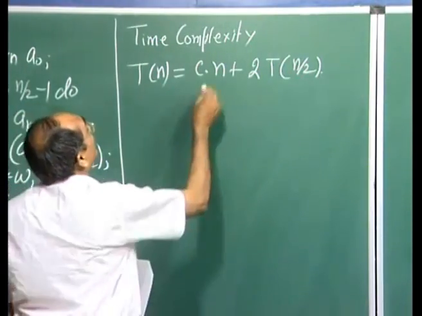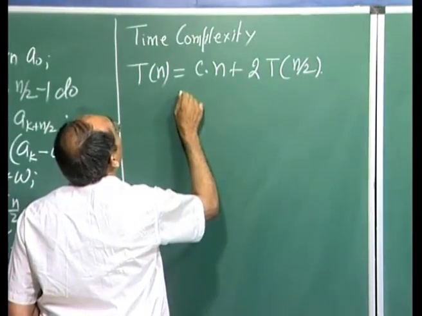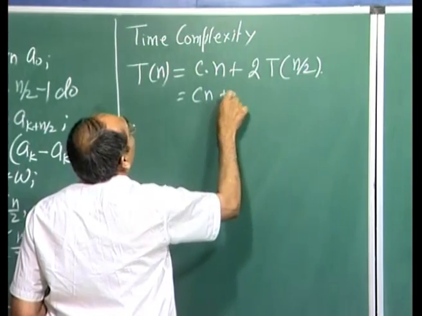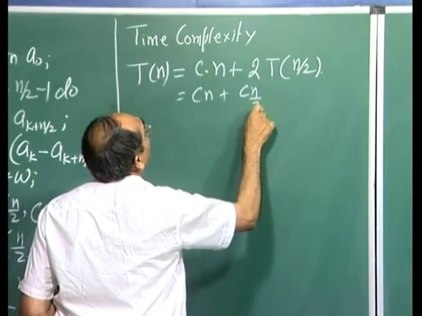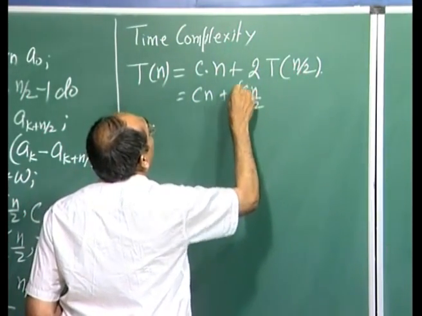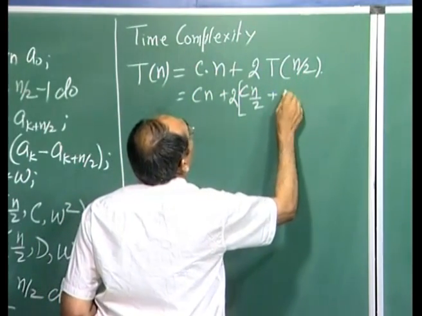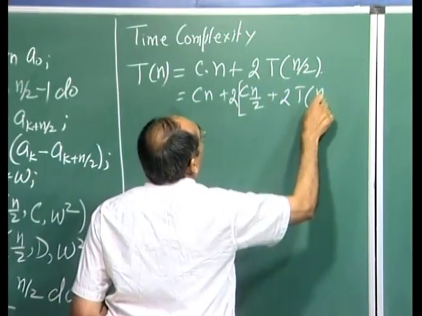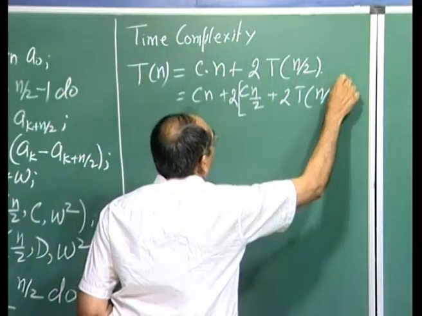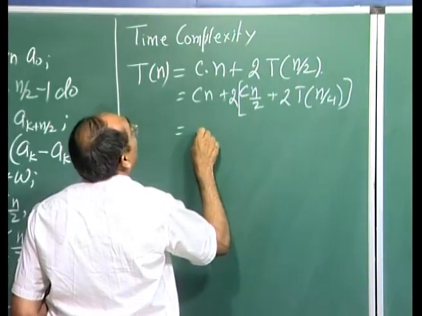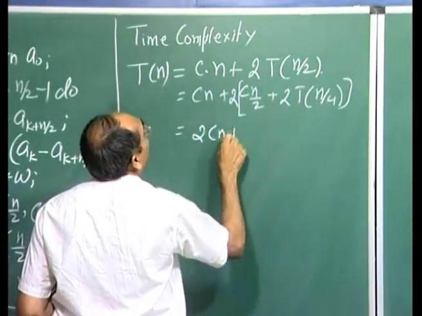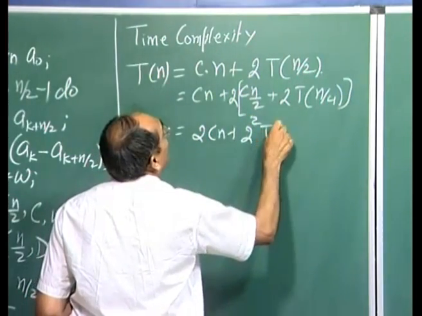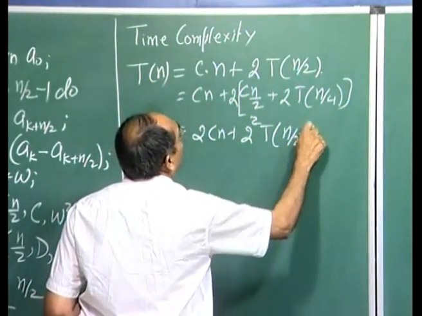And the next time, of course, we will have Cn plus Cn by 2 into 2 plus 2 Tn by 4, which is same as 2Cn plus 2 power 2 Tn by 2 power 2.